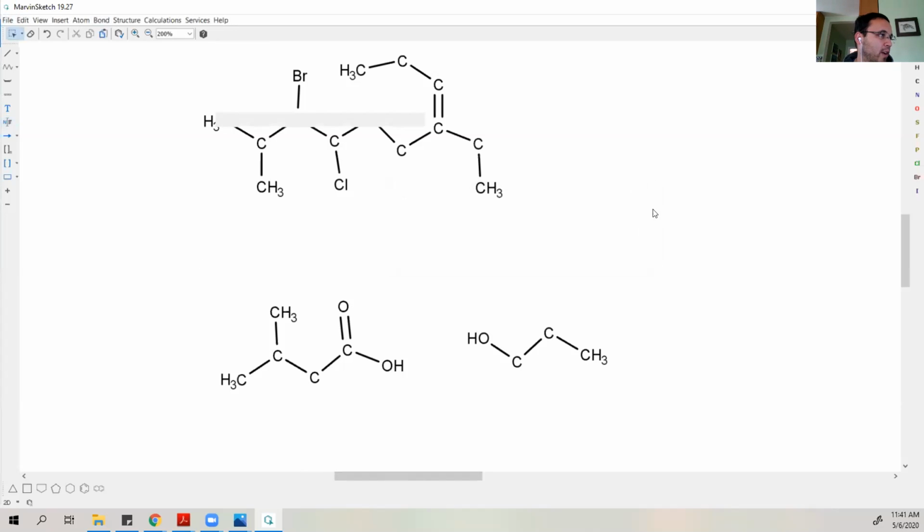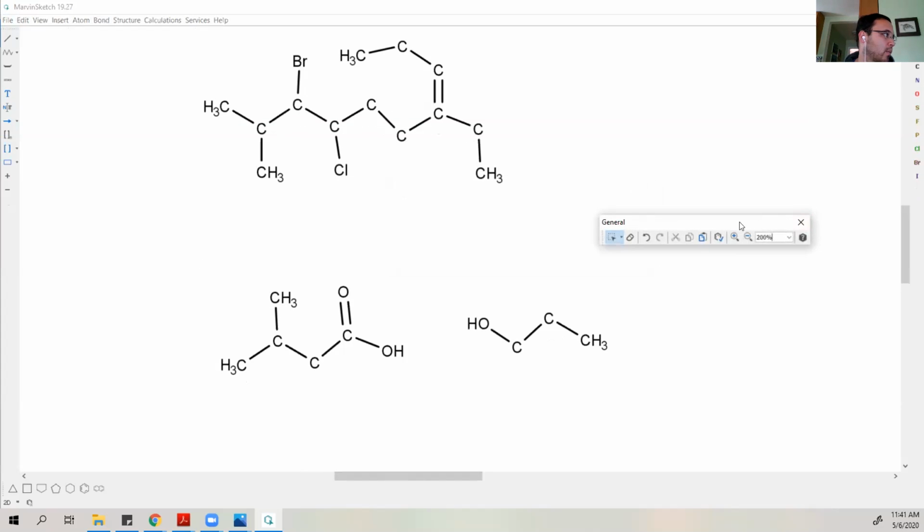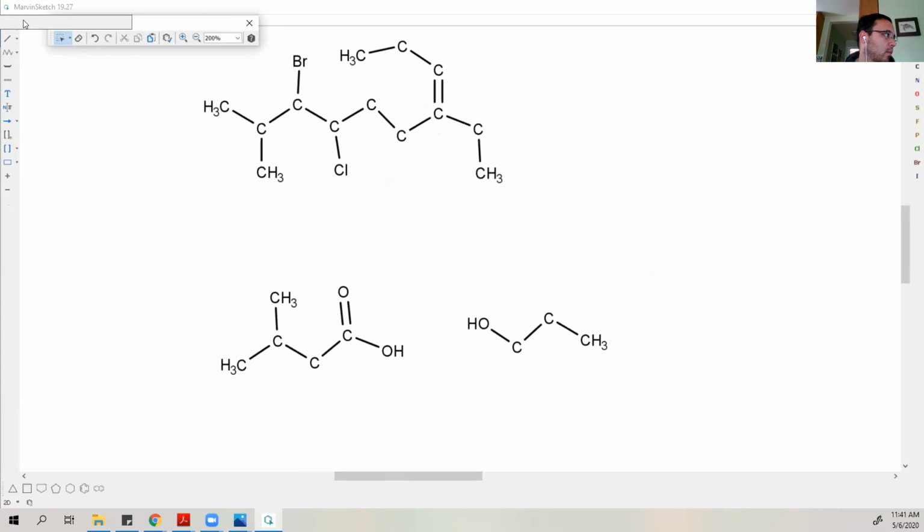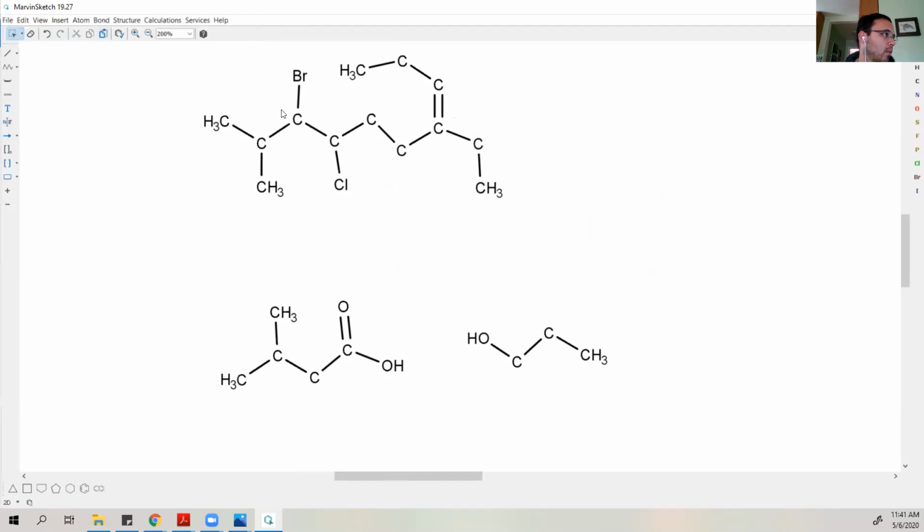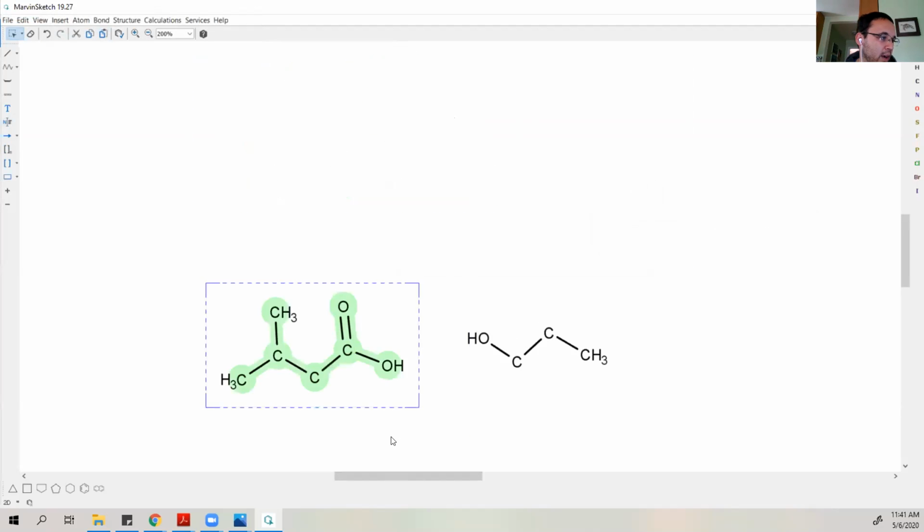So now that we've gotten rid of this big one, let's look at this next one down here, this one over here on the left. Now, what kind of functional group do we see in this one? It's a functional group we haven't seen before, or at least we haven't talked about it today yet.